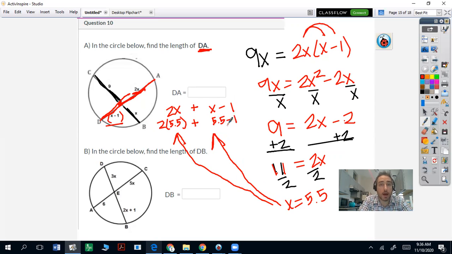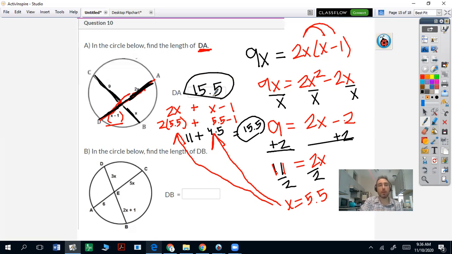That's 4.5. So 11 plus 4.5 will be 15.5. So the length of dA, all that, is 15.5. Boom. Y'all try that.